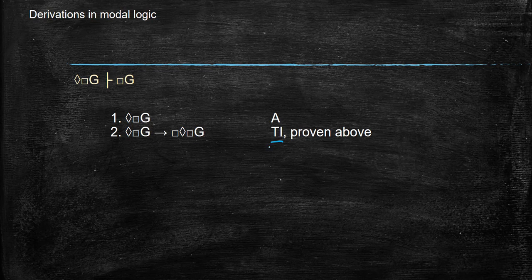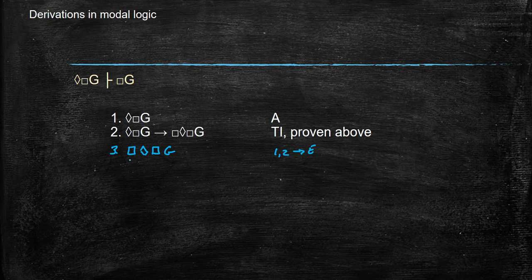This is not boxed. It is just the assertion of a theorem that we have already proven, namely again that if it's possible that A, where A now is necessarily G, then it's necessarily possible that A.